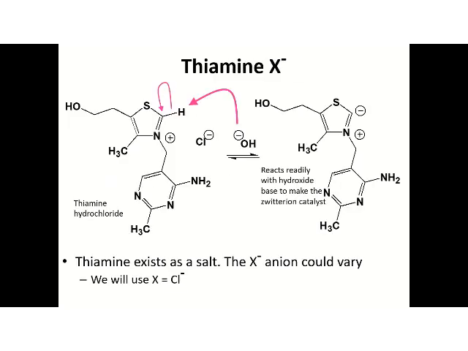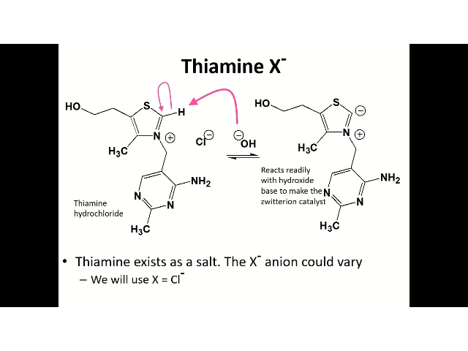This is the reaction mechanism. So thiamine exists as a salt, thiamine hydrochloride, and the anion can vary for some reagents. In this case, we are going to be using chloride as the counter anion for this molecule.